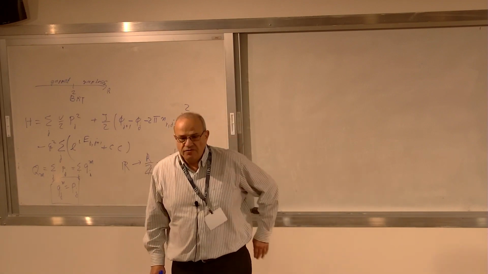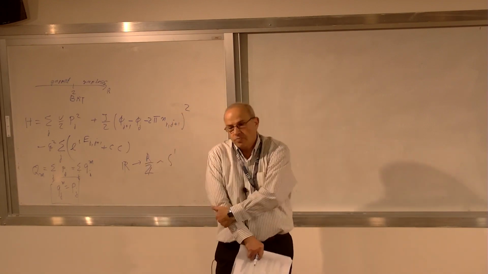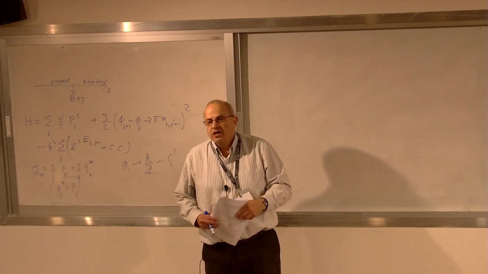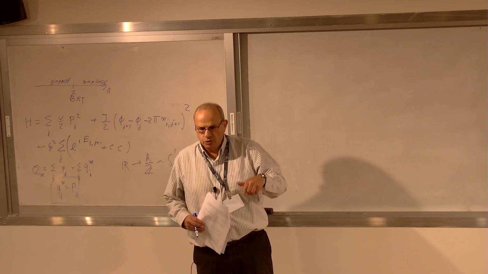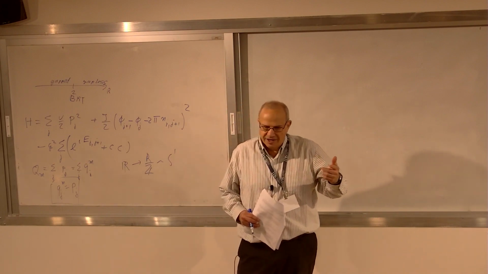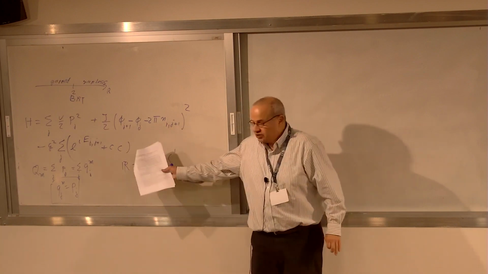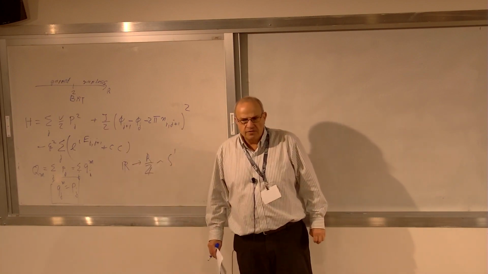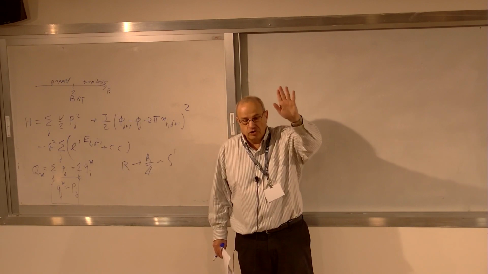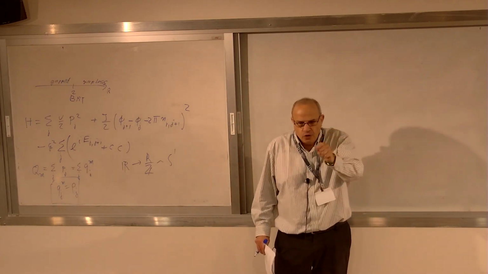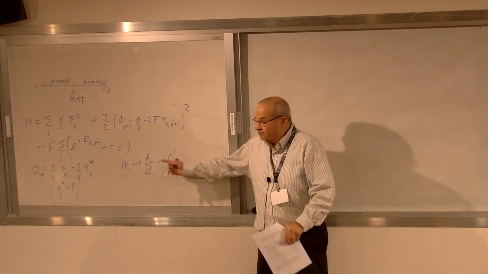You can Villainize and add more, but then something else will appear. Instead of cosine, you can write it the same way, and then there would be another field, and soon this will appear. I'll soon do that. But at the moment, we just take this. And if you start from the Villain action in Euclidean space that you know and you worked on, and you just follow your nose and find the Hamiltonian, you will find this term.